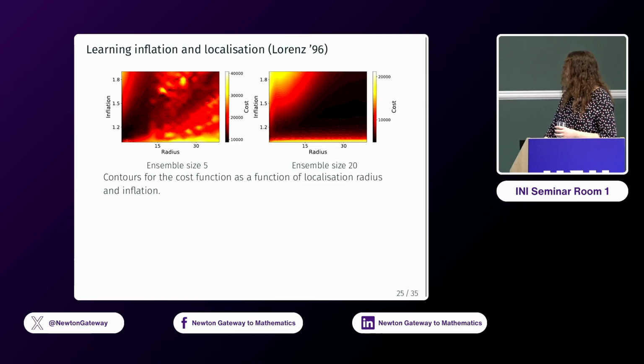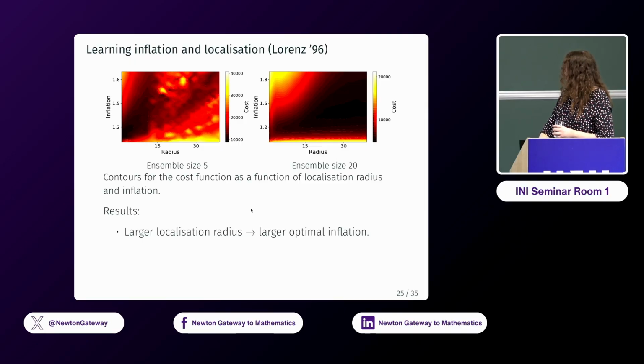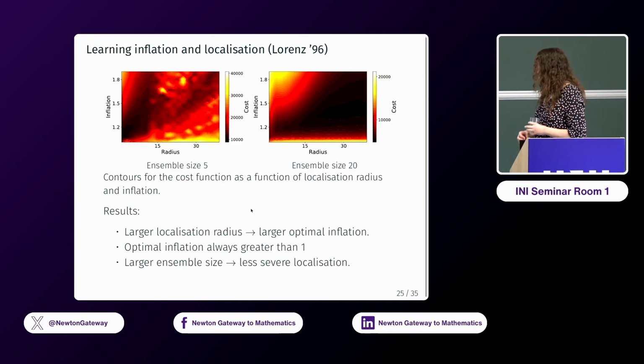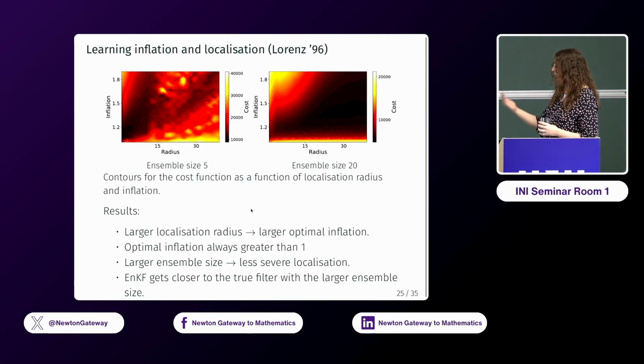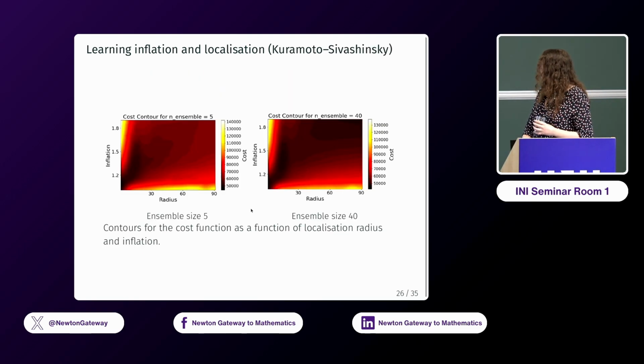As far as we know, this is all new. We recover some things that people have known in practice, but now we can verify it using this closeness to the true filtering distribution. We did this also for the Kuramoto-Sivashinsky equation.